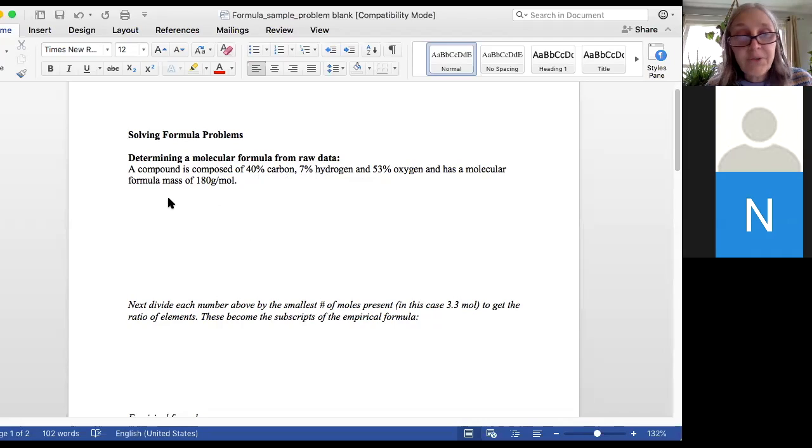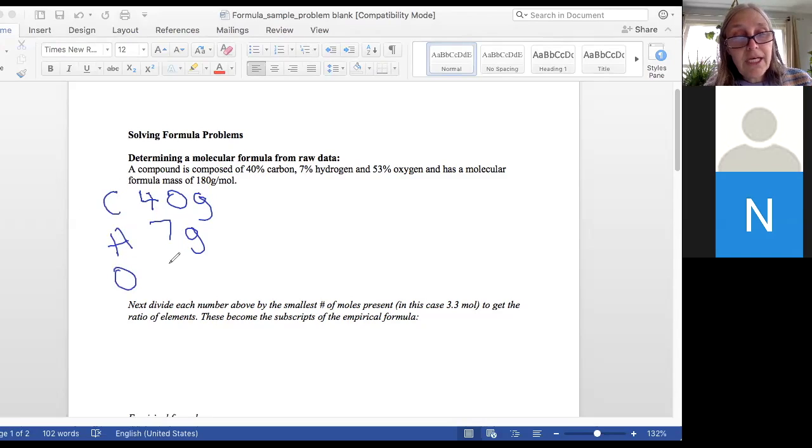First of all, we have to convert to moles. So we're just going to assume that we have 100 grams total. Then we have 40 grams of carbon, 7 grams of hydrogen, and 53 grams of oxygen. If we add that up, we get 100 grams, because those are the only elements in this compound.